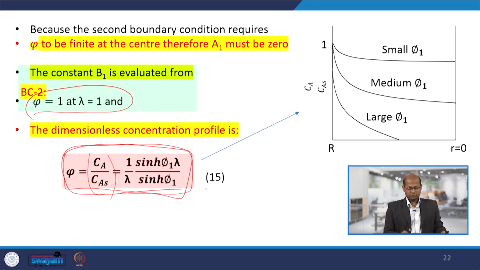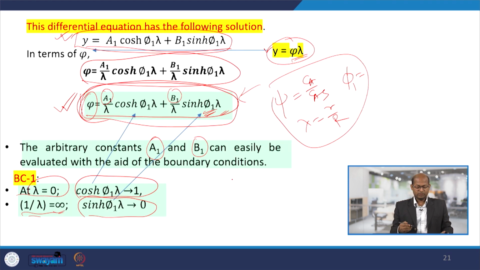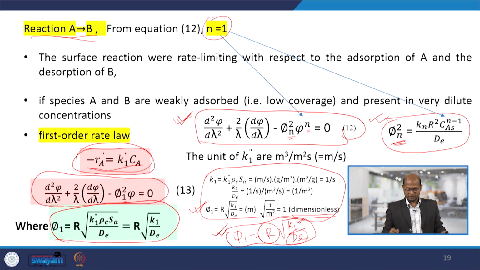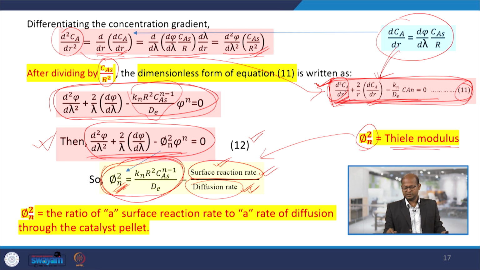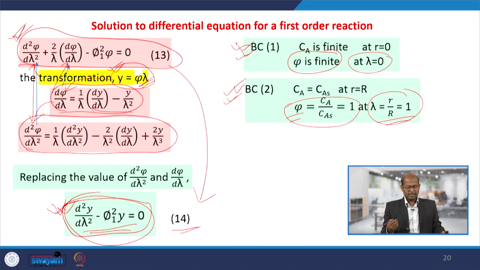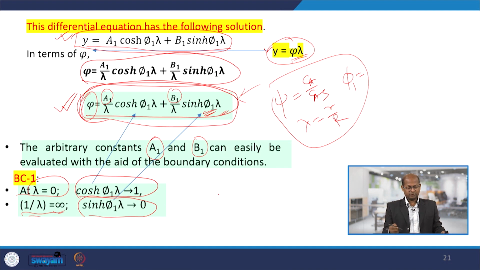Initially we had the differential equation, the 11th equation, in terms of concentrations, and corresponding two boundary conditions. Then we convert that into dimensionless form, transform it into these equations, get the solution, and solve it with the help of boundary conditions.